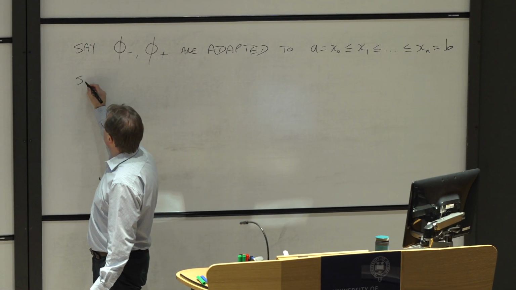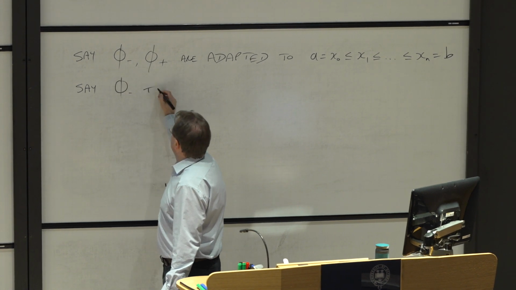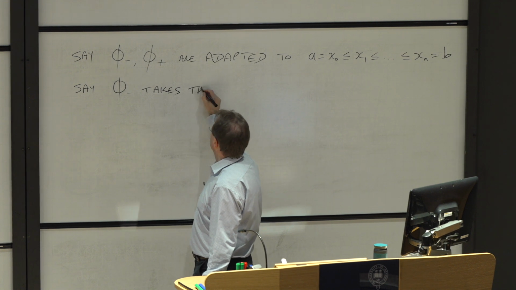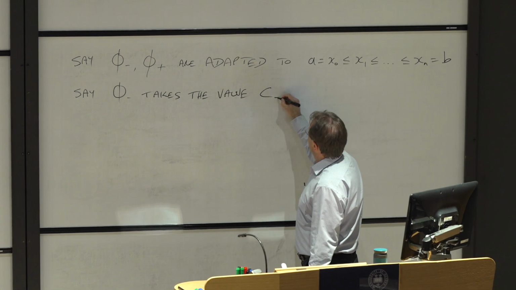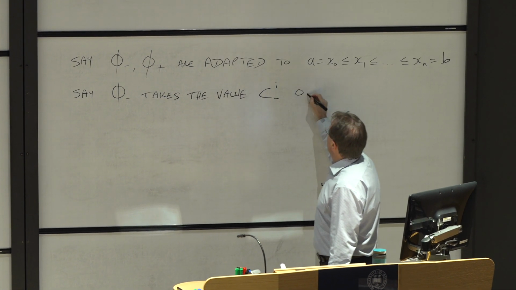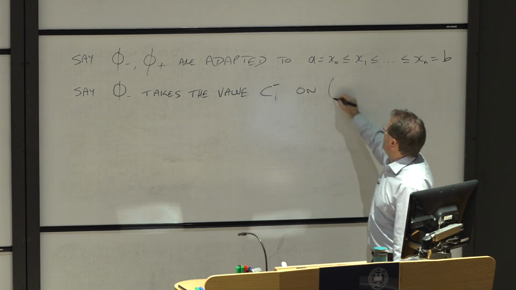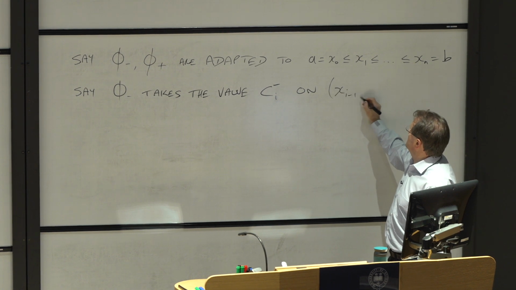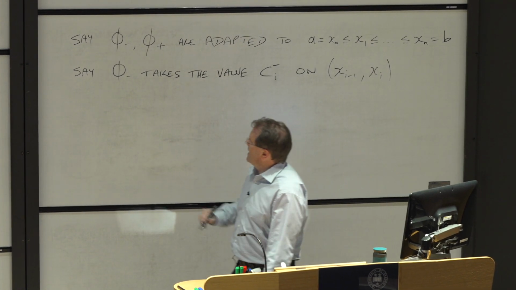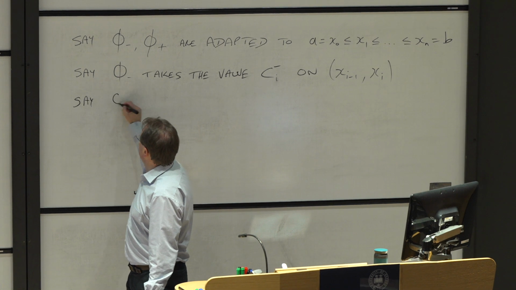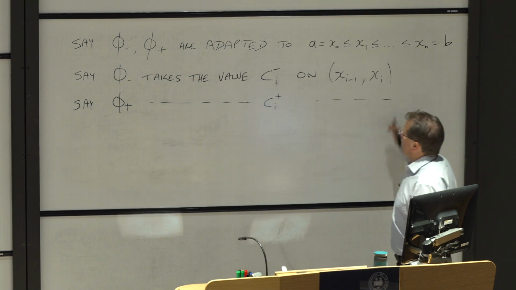And say that phi minus takes the value ci minus on the interval x_{i-1} to x_i. Okay, so it's constant on that interval, and say it takes that constant value. And say also that phi plus takes the value ci plus on that interval.